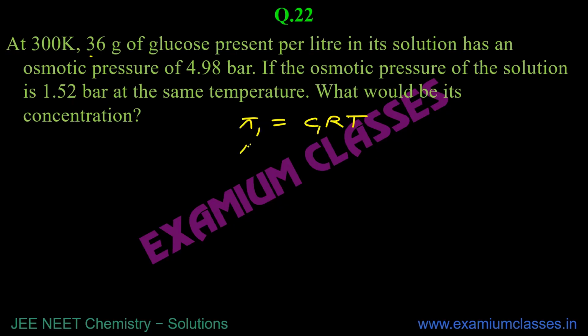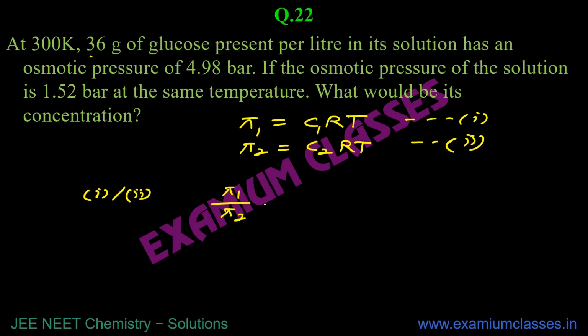And in the second case, it is pi2 equals C2RT, because R and T are constant. At the same temperature we are talking about, so T is constant, R is a universal constant. So from here, dividing 1 by 2, I will get pi1 divided by pi2 equals C1 by C2.